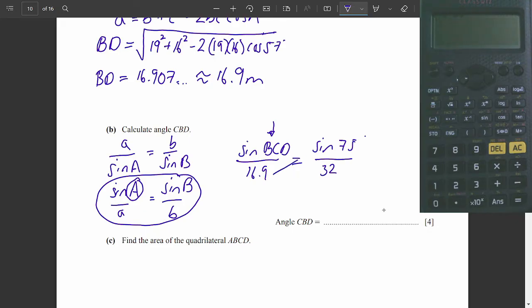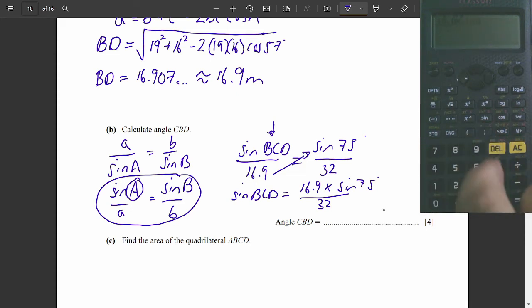We need to multiply the 16.9 over. So sin BCD equals 16.9 times sin 75 over 32. Let's work that out. Fraction 16.9 times sin 75, close the bracket, over 32.